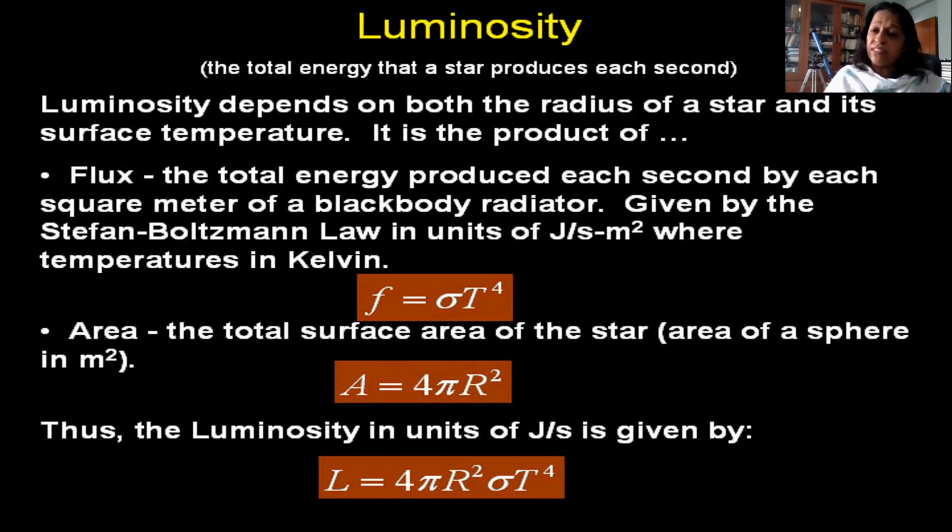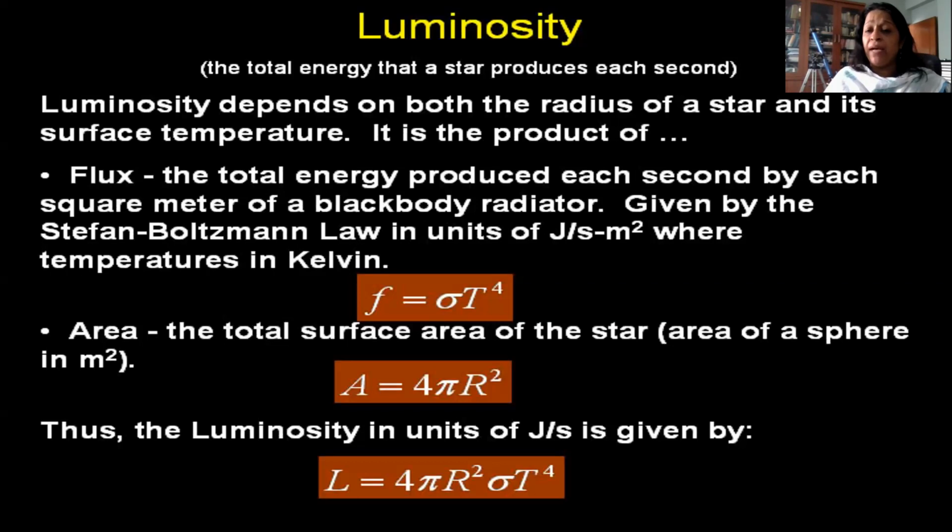Conversely, you could also have a star which is very hot, in the sense that T is very large, but the radius is small. For example, white dwarfs. The temperature is large, the star is hot, but because its radius is very small, it's a contracted star, and therefore the luminosity of the star is low.